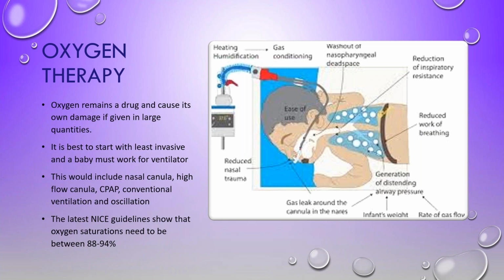The doctors I've worked with always say you have to earn your ventilator. So this means we should look at nasal cannula, high flow cannula, CPAP, conventional ventilation, and finally oscillation. The latest NICE guidelines now show that oxygenation in the unit should be 88 to 94.